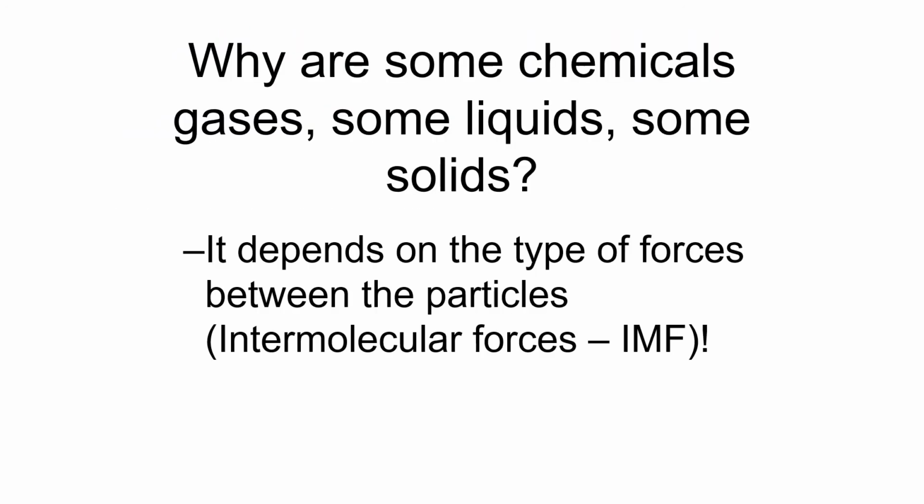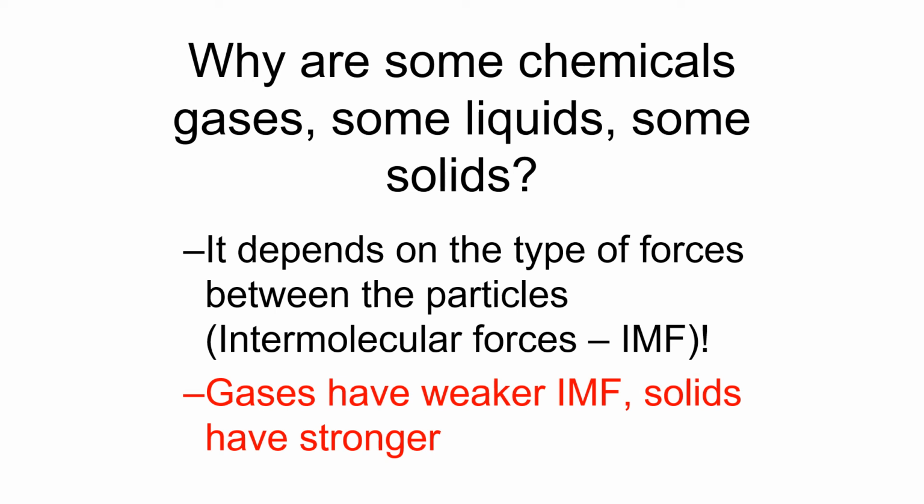Now, a very important thing to remember. Why are some chemicals gases, some liquids, some solids? That's because of the types of intermolecular forces that they have between them. IMF is just short form, or an abbreviation, for intermolecular forces, so do not get confused with that. Gases have weaker intermolecular forces, because just think about what gases look like.